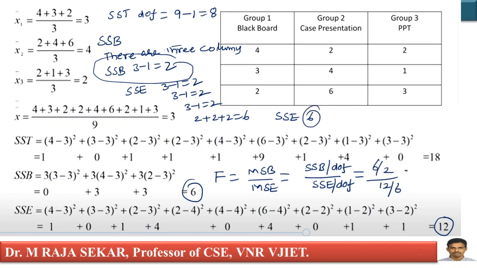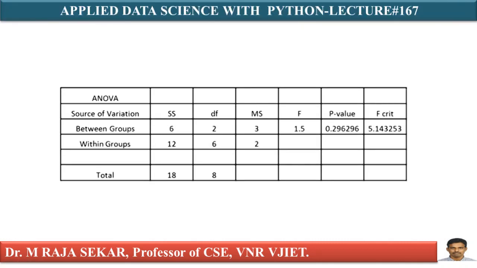So 12 by 6. 6 by 2 means 3, and 12 by 6 means 2. 3 by 2 means 1.5. This is my F value, F equal to 1.5. This is the calculated value.